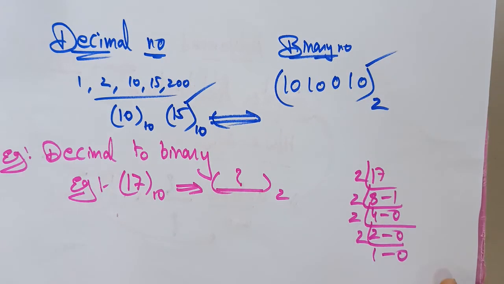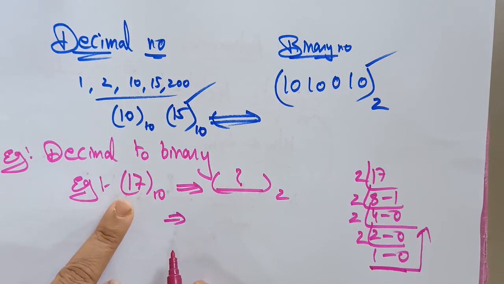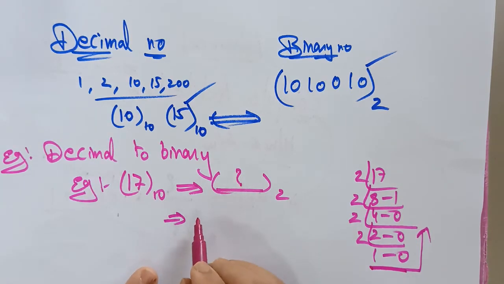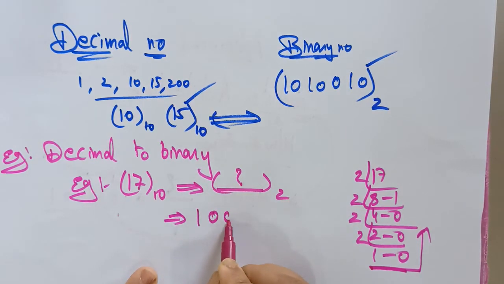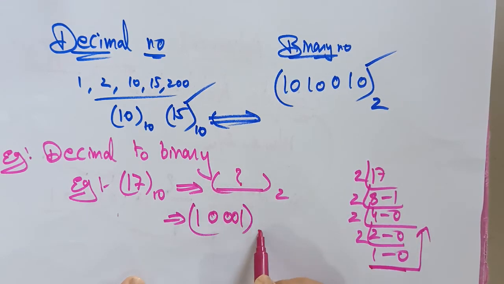While doing the division, you take only the remainders from bottom to top. So for the given decimal number, the binary number is 10001, from bottom to up: 1, three zeros, 1.